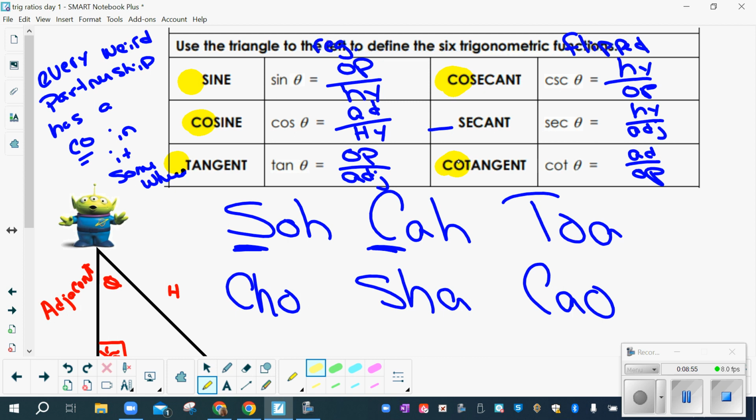I think, oh wait, cosecant, who does he go with? Well, since I already have the word co in it, he has to match with sine, because sine doesn't have a co. Does that make sense? Every weird partnership, one of them has a co. I can't have cosecant and cosine together. Too many cos.